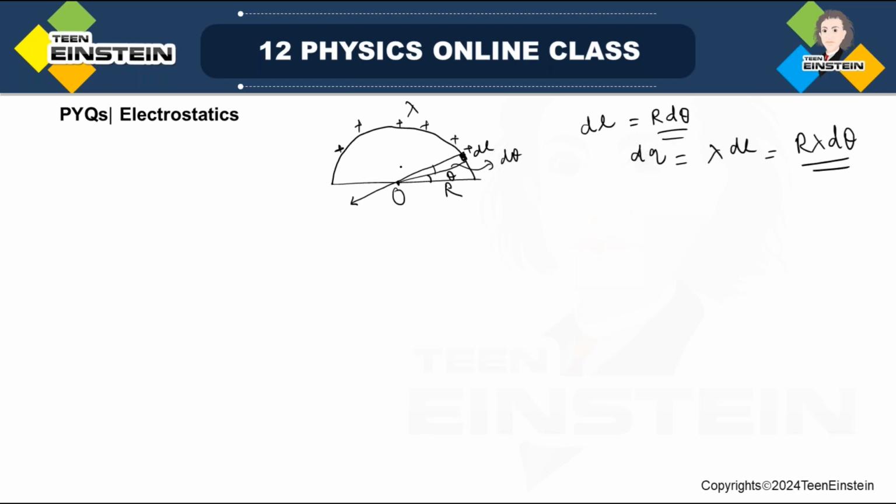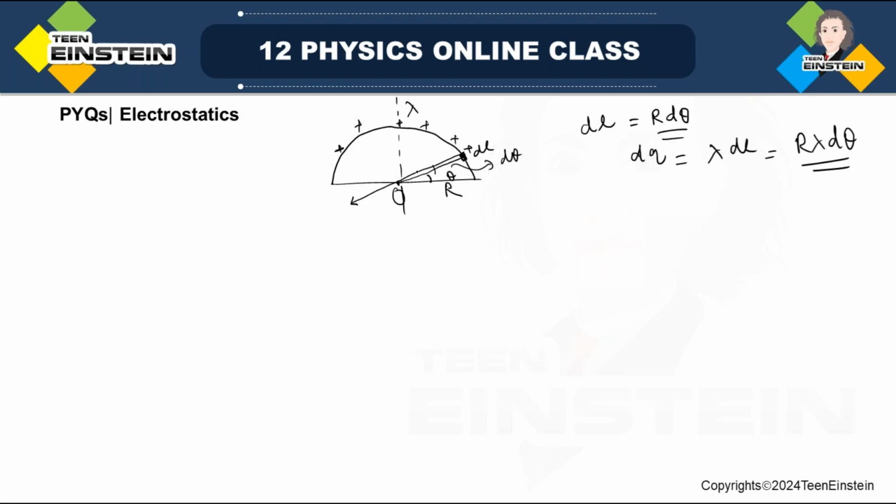Now let me draw one perpendicular here. So this angle is theta. Now look at this electric field. The d theta will be very small, obviously, so I can just take this angle as theta itself.